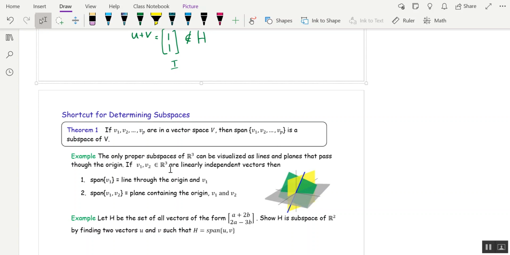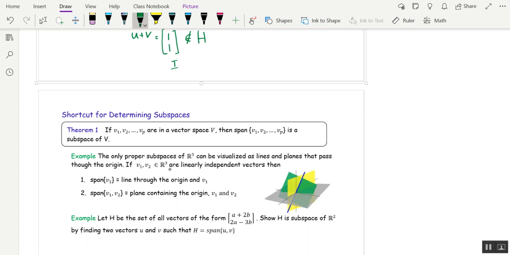Okay, so the theorem is, if you take vectors from a vector space, their span will form a subspace. So if you can show that your space is the span of a set of vectors, then you've automatically shown it's a subspace.